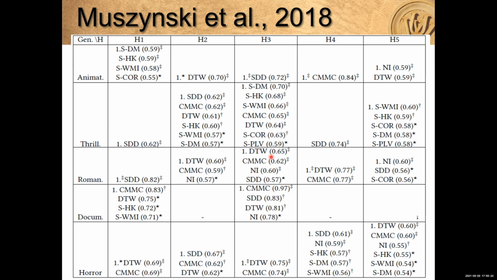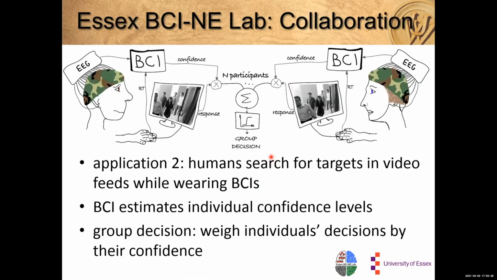A similar, but not quite the same, application comes out of my colleagues' Essex BCI lab, where they used it to enhance collaboration. They had this collaborative task where humans watch videos and try to spot targets of interest, and when a target shows up, tag that part of the video while wearing a BCI.